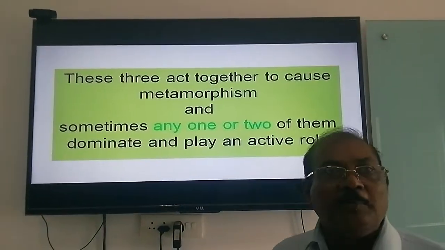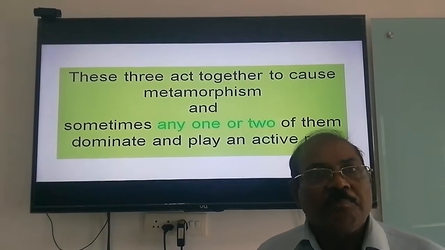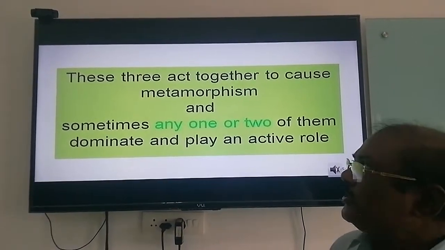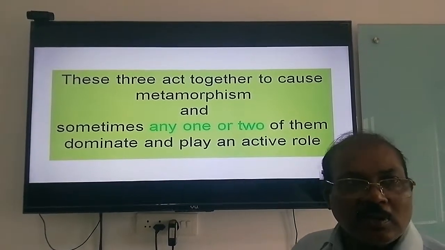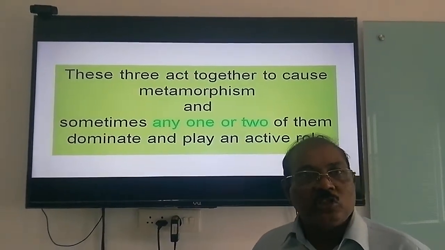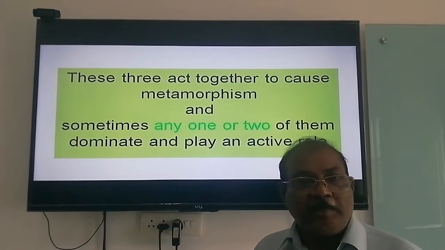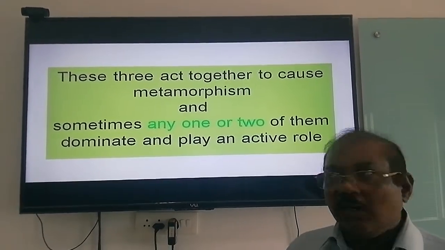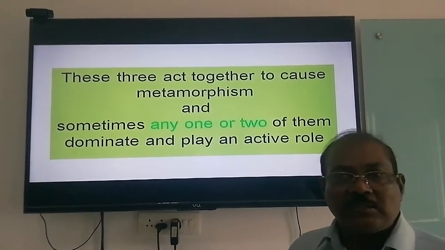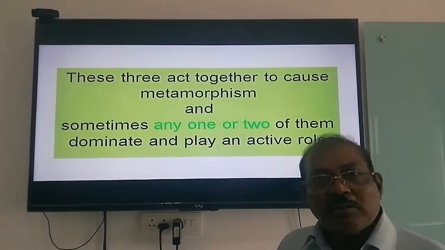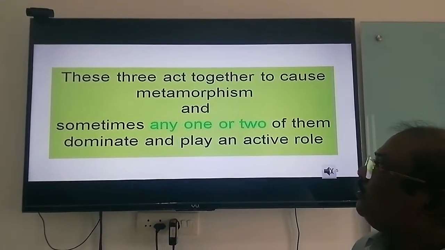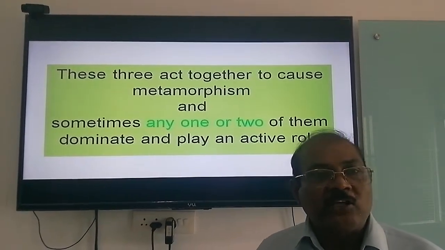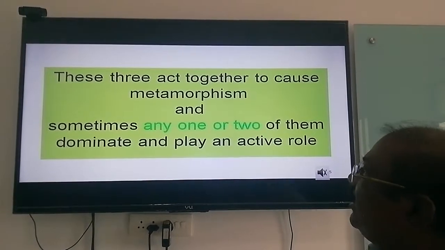These 3 parameters, namely temperature, pressure and chemically active fluids, may act together, or sometimes only heat or temperature may act, or sometimes temperature and pressure may act. Sometimes all the 3 parameters may act.